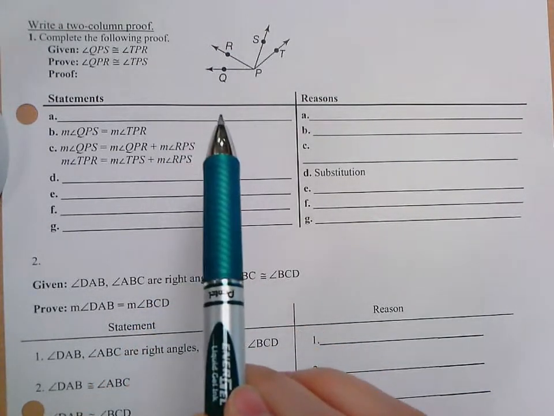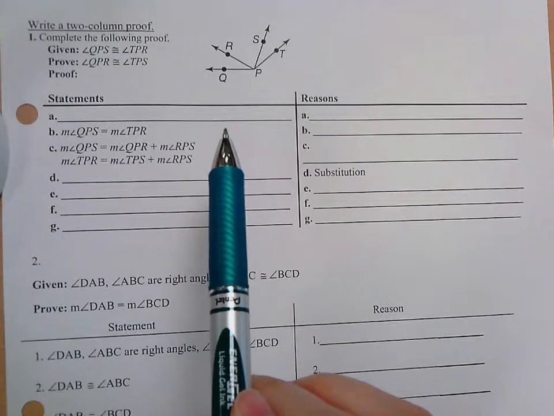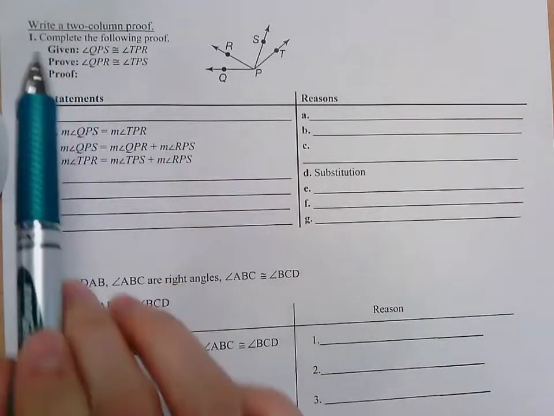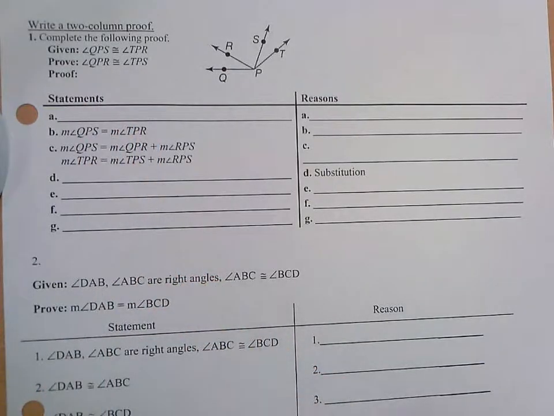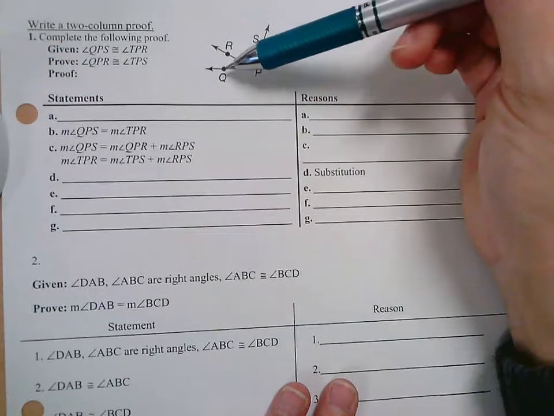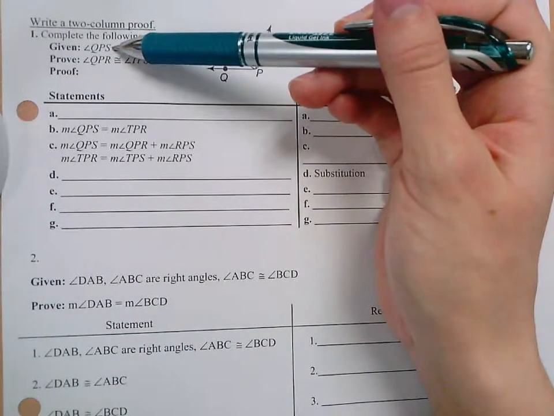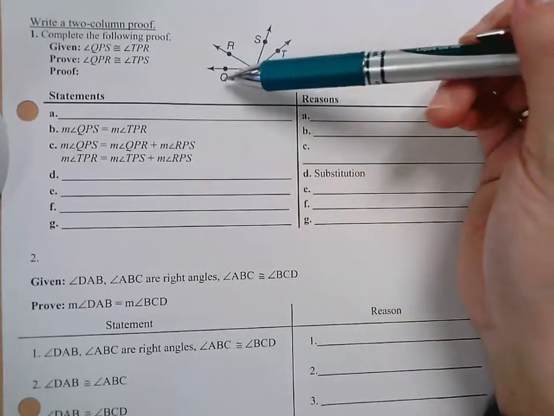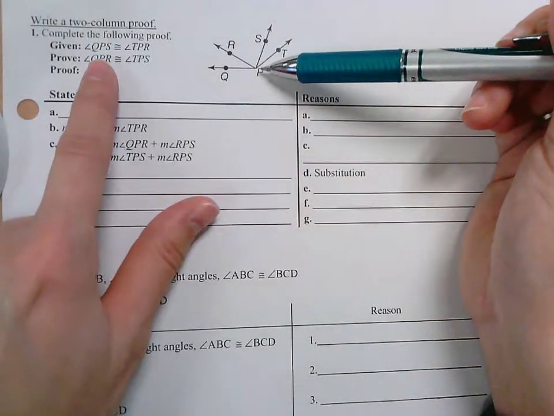So let's look at proof number 1. I need your attention up here, please. In proof number 1, look at what you're given, look at what you're trying to prove, label if you need to. We are given angle QPS. So remember from chapter 1, the way an angle is named, you follow those points, and the middle letter is the vertex.